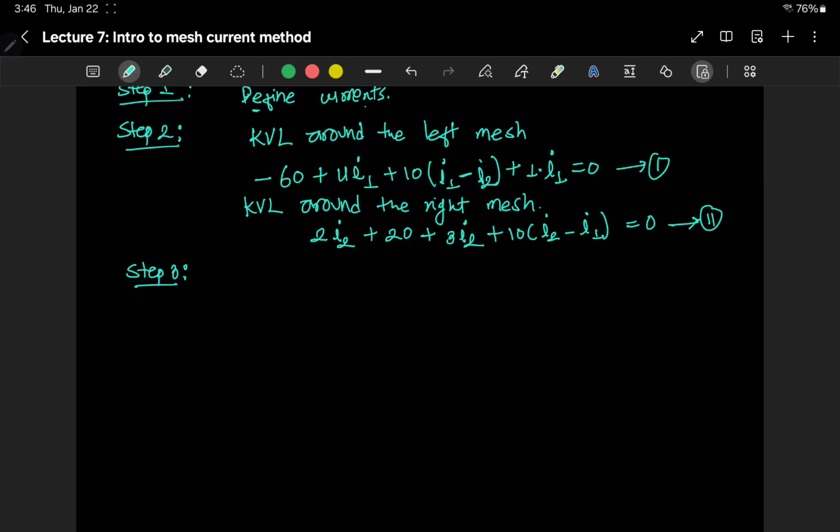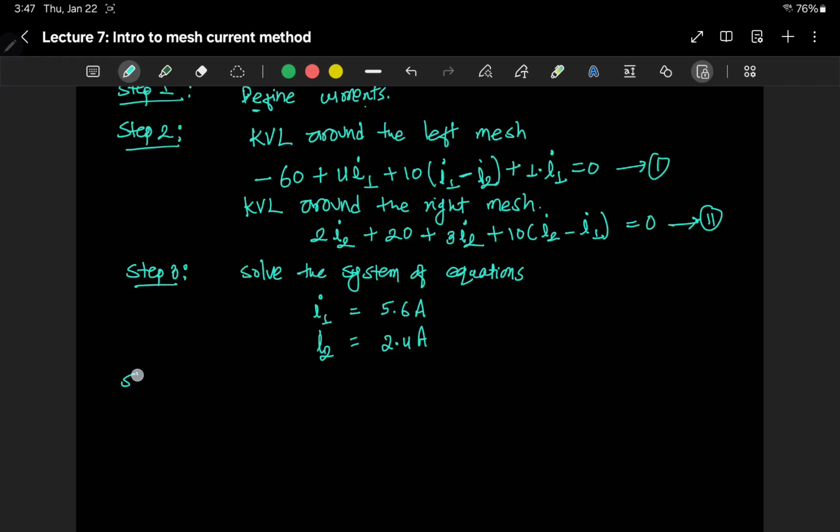So step 3 was to solve the system of equations. If you solve this, you can use a calculator or just do it manually. You will get 5.6 ampere for I1, and for I2 you will get 2.4 ampere.